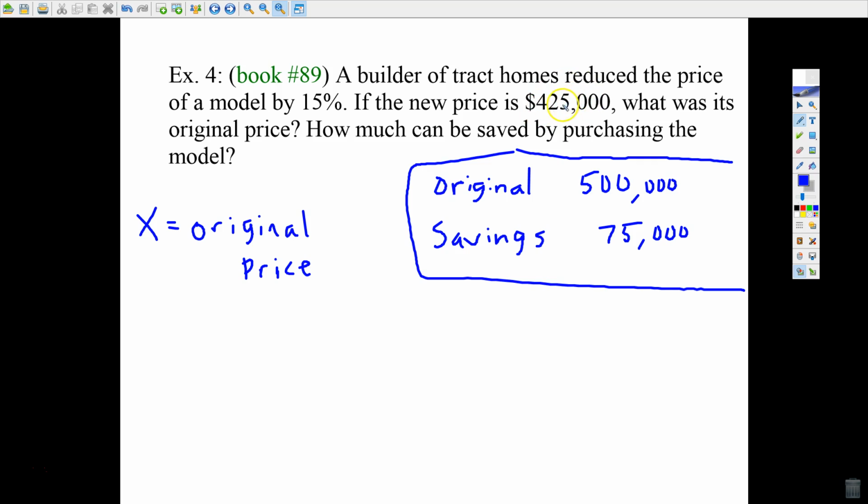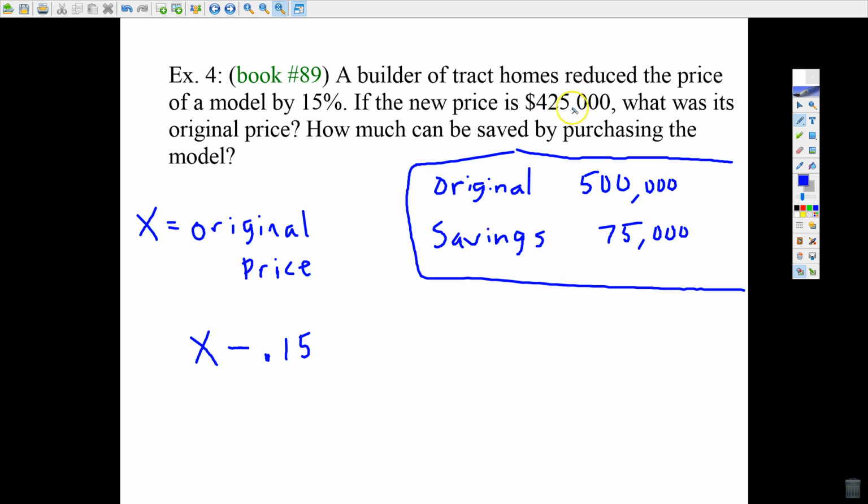Multiply this by 150%. Well, remember, it's going to be reduced by. So in other words, the original price minus the original, that's really what we're trying to find.